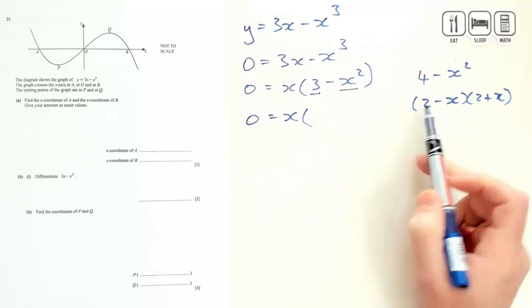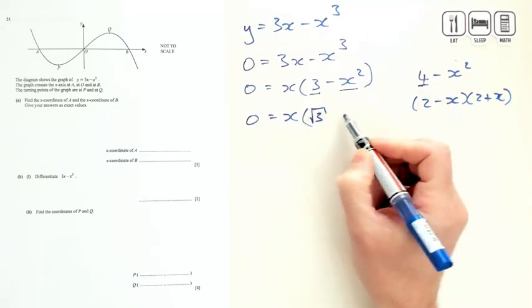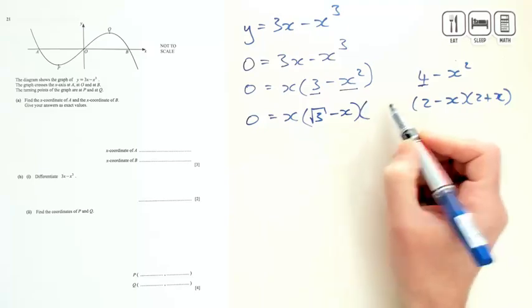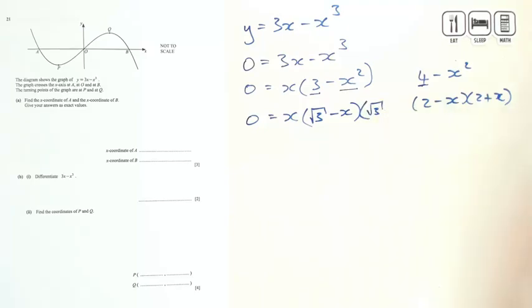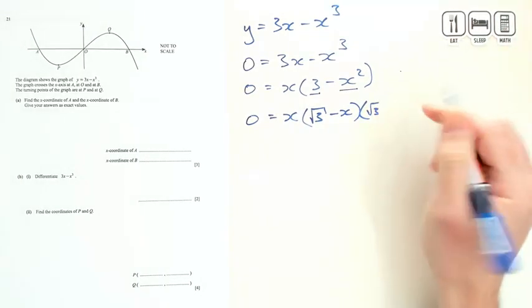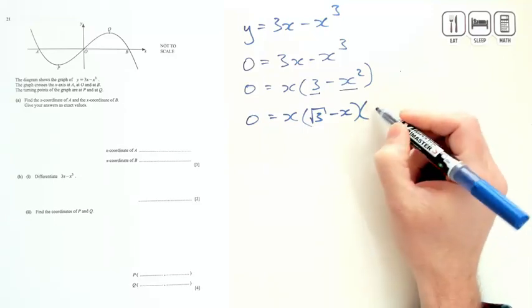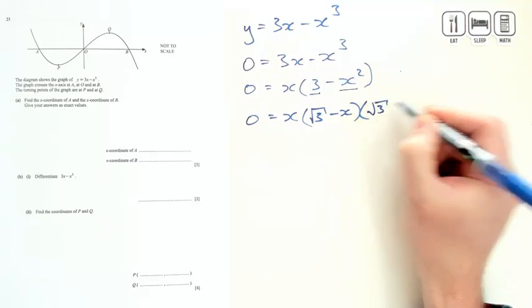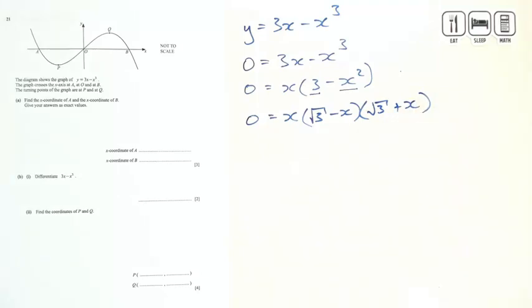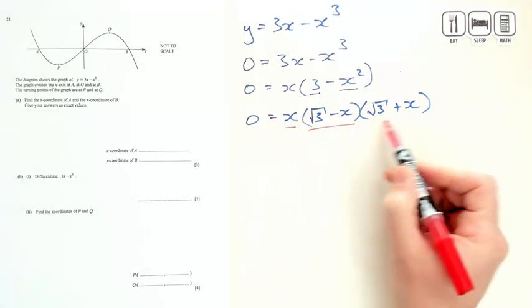But in this case, I don't have a square number here, so I'm going to do a little trick. Because I know the square root of 3 times the square root of 3 is going to give me 3. So it's not a square number, but I'm doing the difference of squares. So now I have x and then this bracket and this bracket.